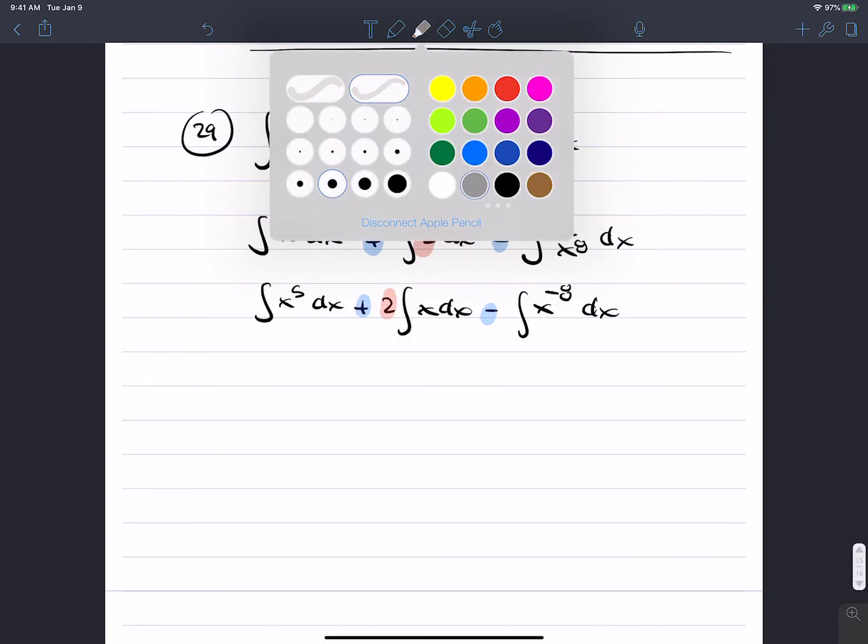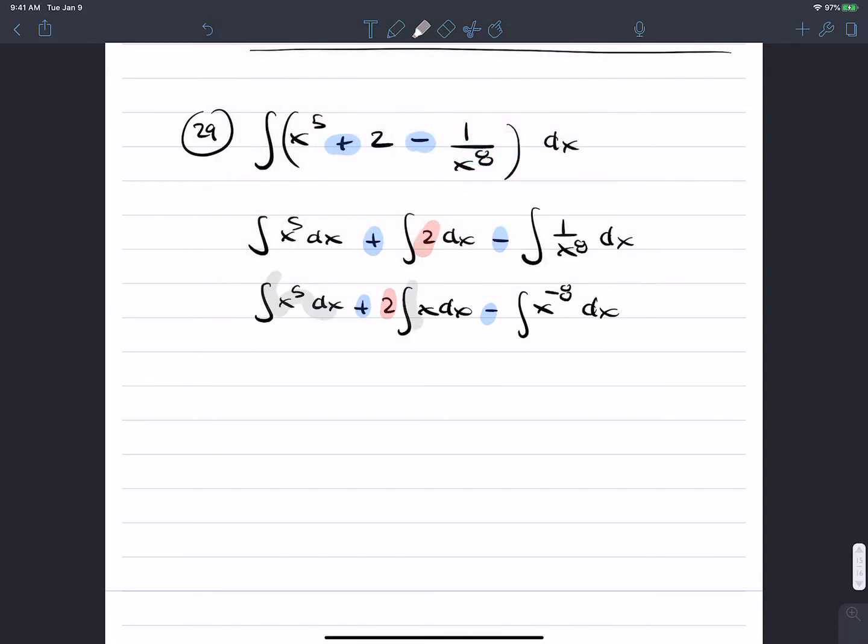So now we get to integrate. We have 3, and we're going to use the power rule. So don't forget, for the middle integral, that's really x to the first power. So let's do power rule here.